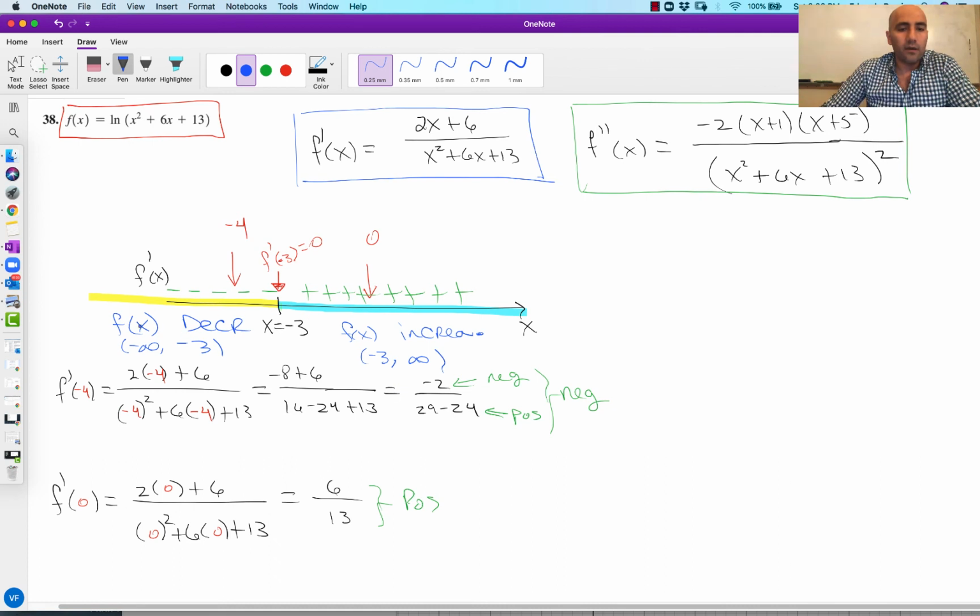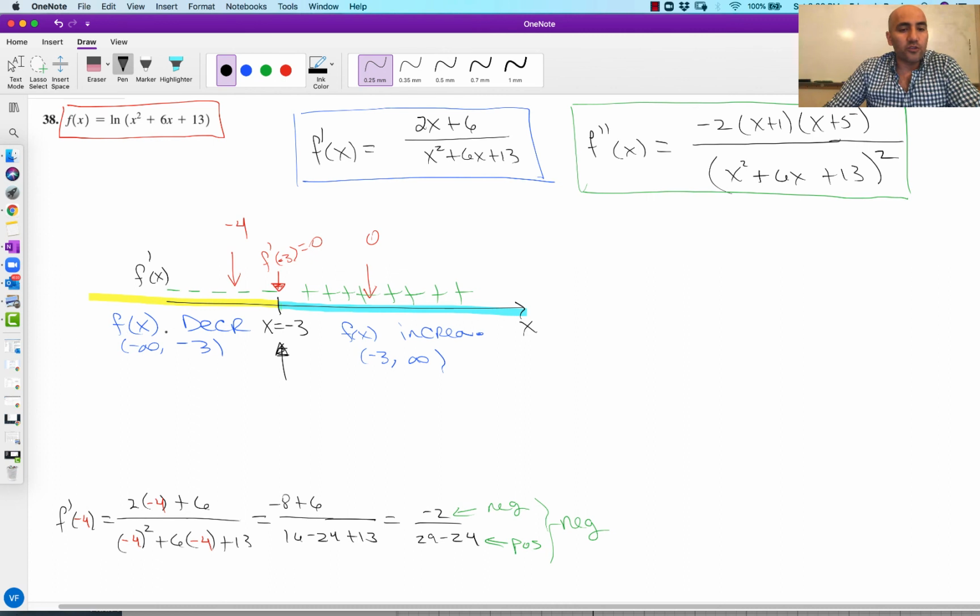Okay. There is a change from decreasing. The function is decreasing, and then it reaches 0, and then it's increasing. So what we found is that at this point, at x equals -3, we have a local minimum.